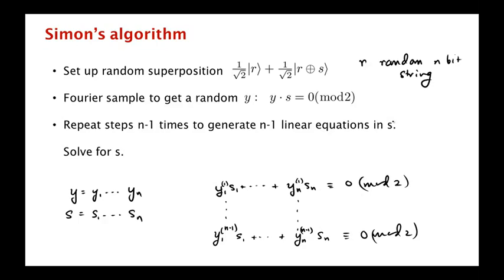So now what I have to show you is how to set up this initial superposition, to show that Fourier sampling will give us such a linear equation, and that if we repeat n minus 1 times, there's a very good chance that all these n minus 1 linear equations will turn out to be independent, so that when we solve them, we actually get a unique solution s.